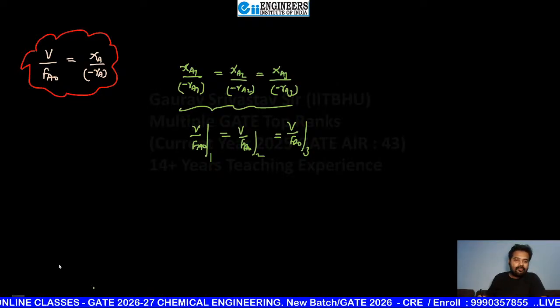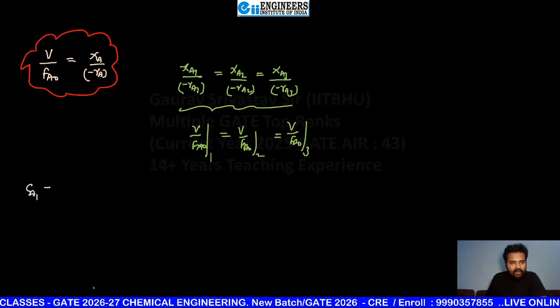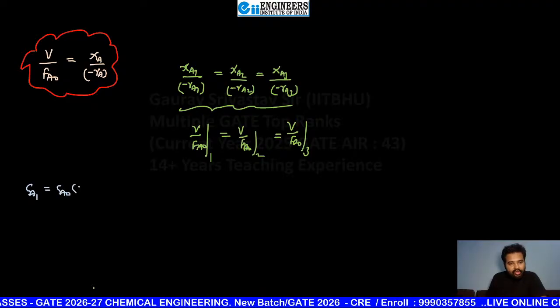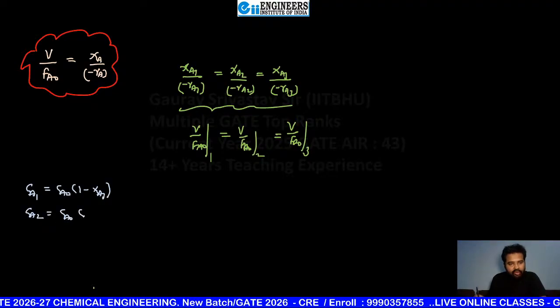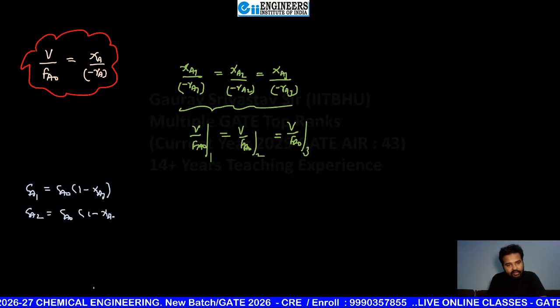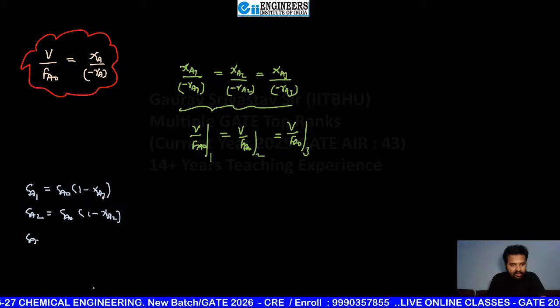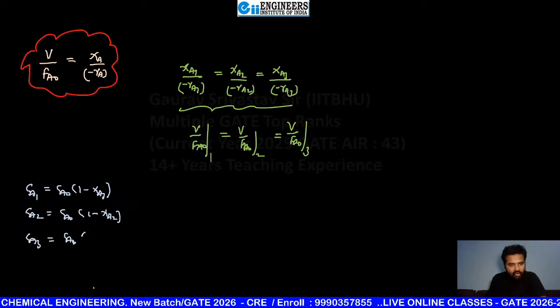See, CA1 is CA naught times 1 minus XA1. CA2 is CA naught times 1 minus XA2. CA3 is CA naught times 1 minus XA3.